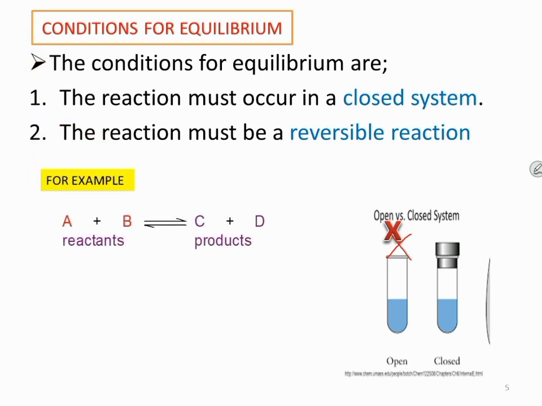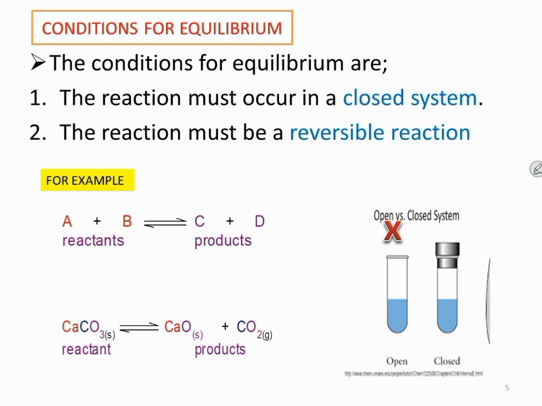For example, if reactants A and B combine together, they form C and D. If the reaction is in a closed system, C and D can combine to give us back A and B. That is, C and D react to form A and B at the end of the day. So we say yes, this is an equilibrium system.